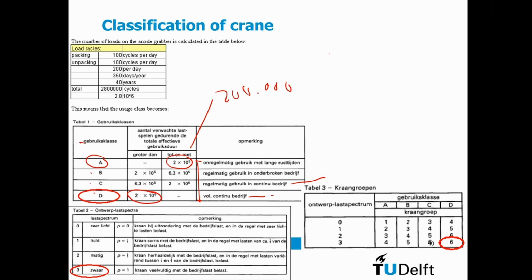Class B is used on a regular basis, but not in a continuous manner. And this one is used not on a regular basis, and there might be big pauses in between. So even if you do not know exactly the numbers, you could use the description to come up with a class. That's the idea.